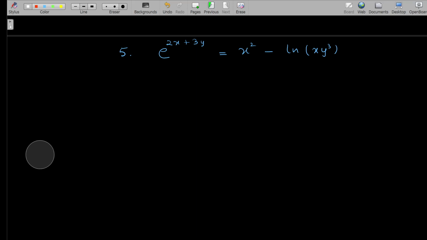No, I'm just confused because I thought when it was e, it stayed the same way. Yes, it will stay exactly the same way. So the derivative of this thing will be e raised to 2x plus 3y. It stays the same, times the derivative of whatever you have.